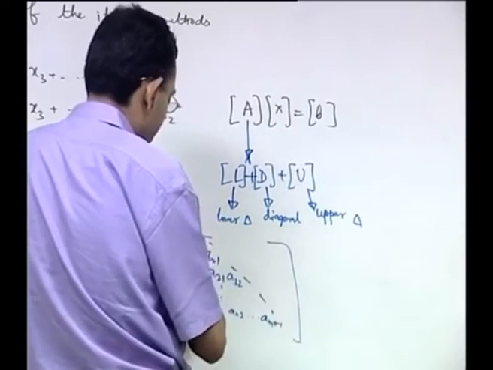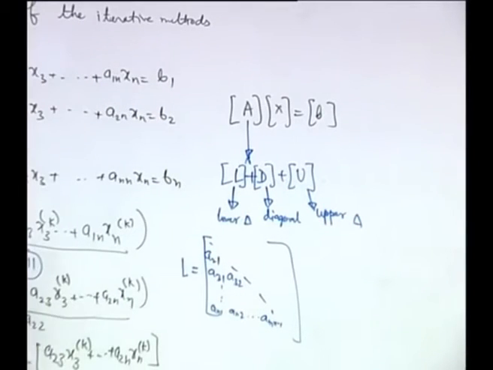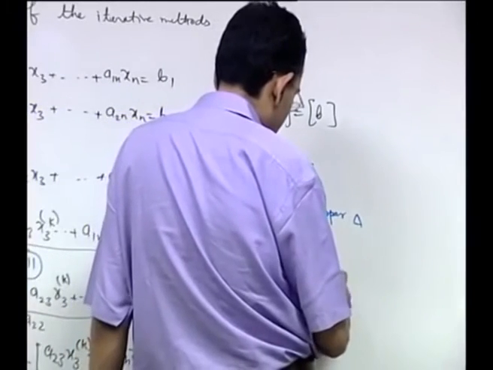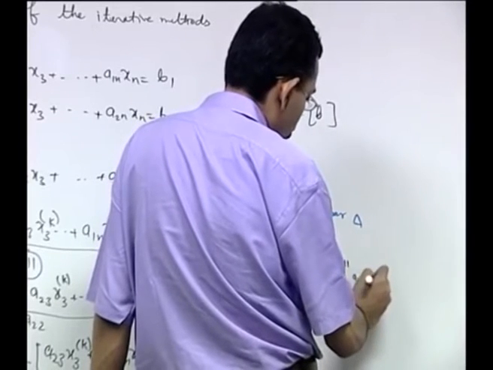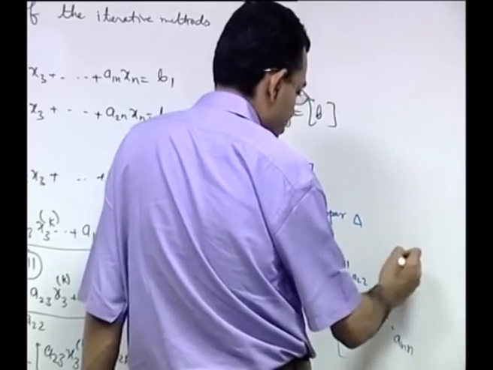This is L. What is D? D is A11, A22, ANN.